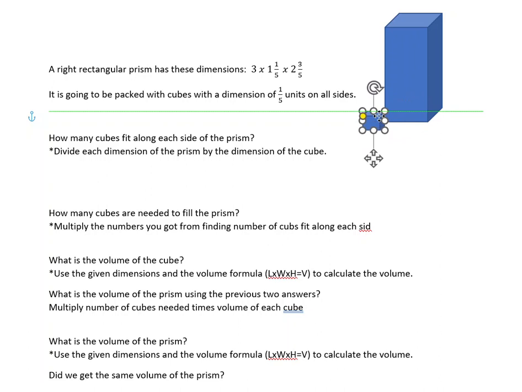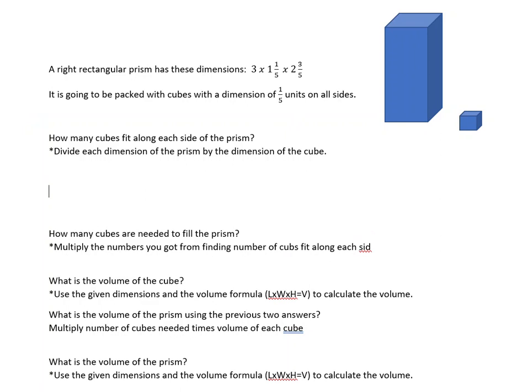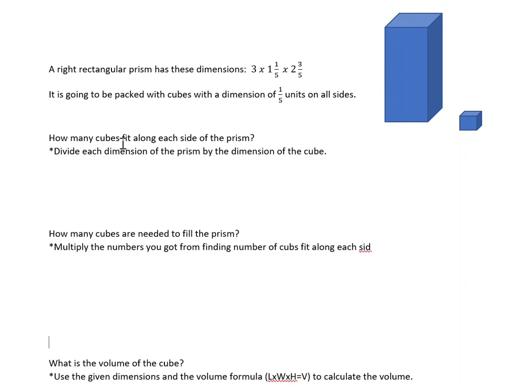How many groups of 1/5 will fit in 1 1/5, and how many groups of 1/5 will fit in 2 3/5? All of these dimensions need to be divided by the dimension of the cube to see how many will fit. This is all to answer the question, how many cubes will fit along each side?